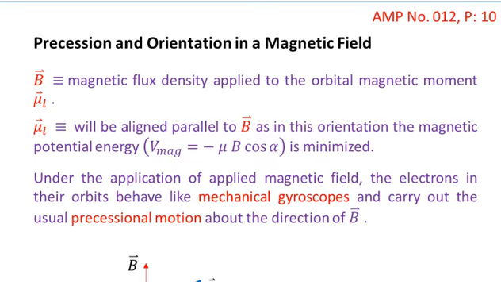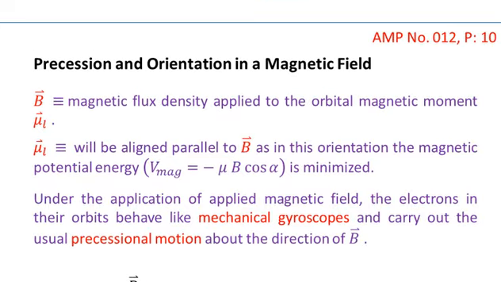One thing is the precession and orientation in the magnetic field. When you place an atom in the presence of the external magnetic field, the orbital angular momentum of the electron, which is always perpendicular to the current loop formed by the electron, will start its precessional motion about the applied magnetic field.